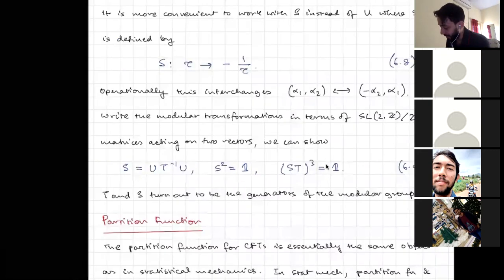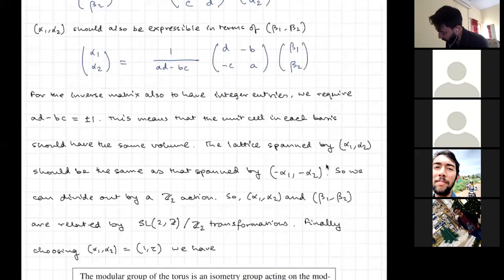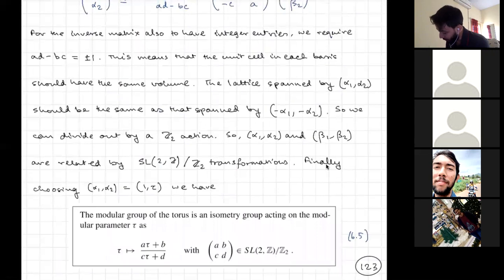As you can see, the S transformation is just A equal to 0, B equal to minus 1, C equal to 1, and D equal to 0.